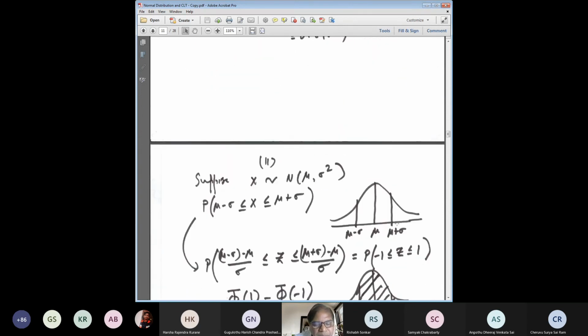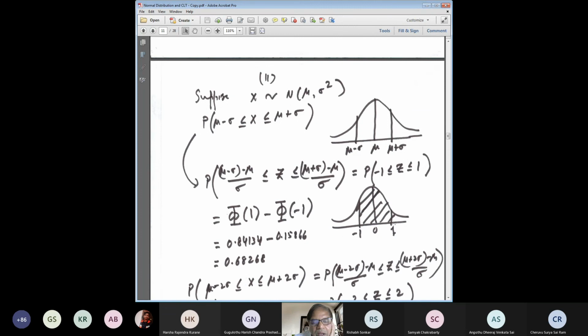Now coming back, I am showing you how we got the area between mu minus sigma and mu plus sigma as 0.68. x follows normal mu, sigma square. We need to find this area from mu minus sigma to mu plus sigma. So I will convert into the standard normal, which means I subtract mu and divide by sigma throughout.